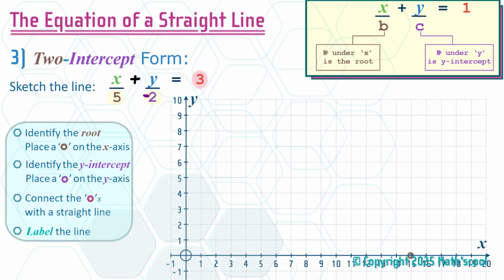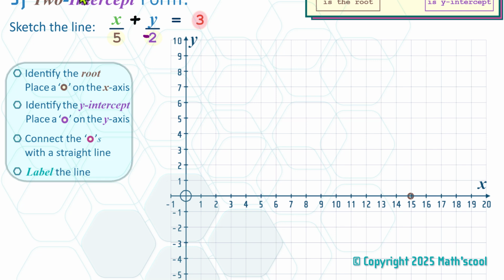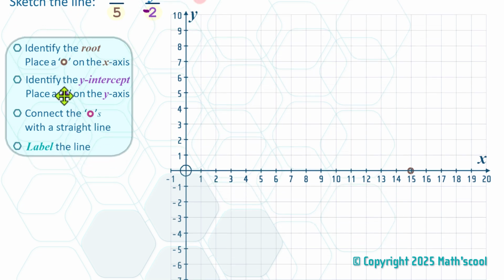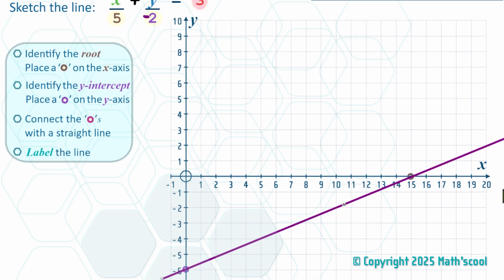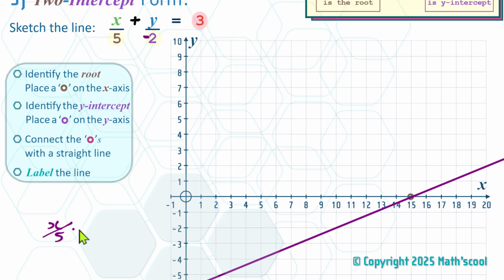So that's going to give you minus 6 for the y-intercept. So minus 6 is the y-intercept there. And then connect those together with a straight line. Okay, that's looking pretty good. And then just label it: x over 5 minus y over 2 equals 3. And then just move it.